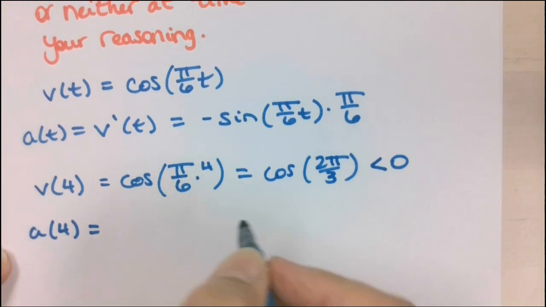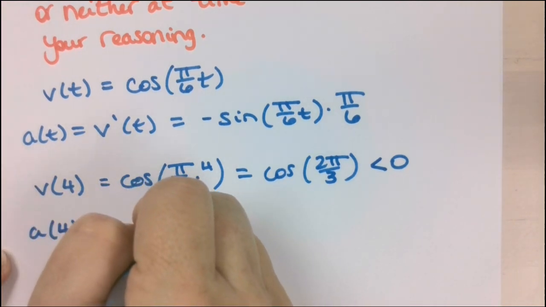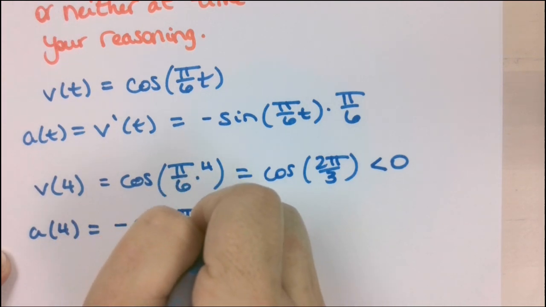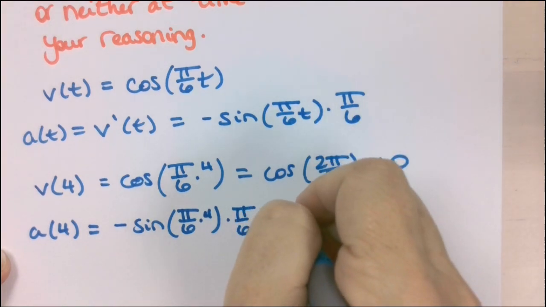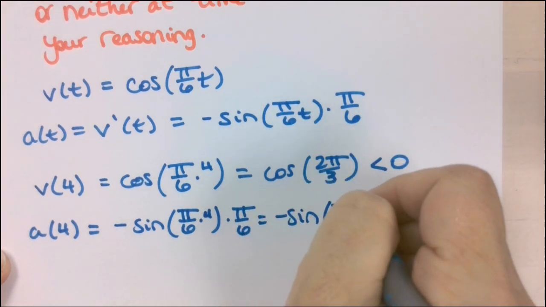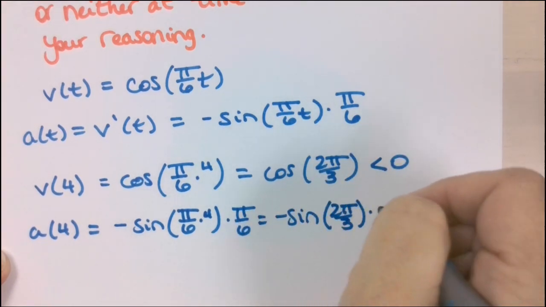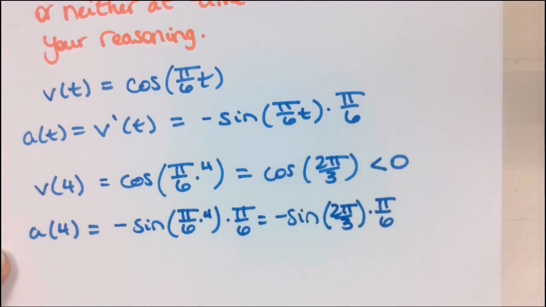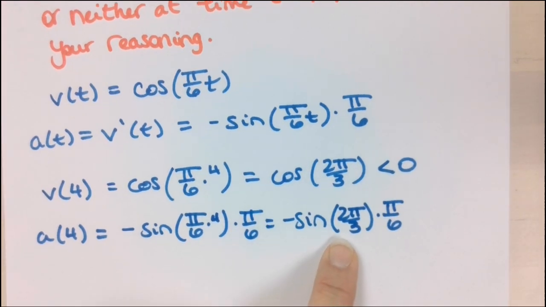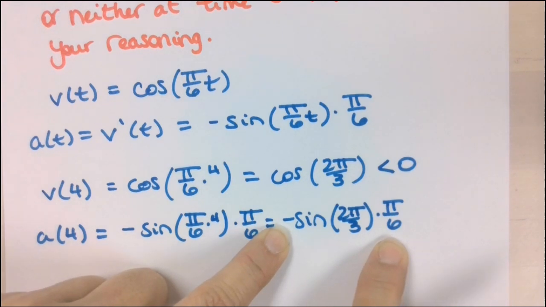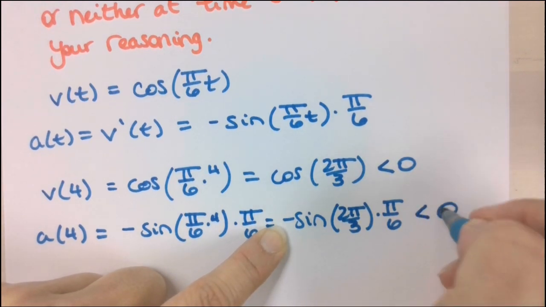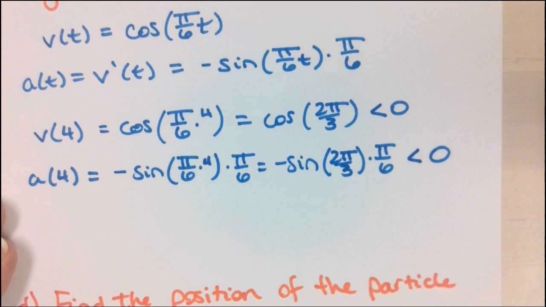The acceleration at 4 is equal to negative sine of pi over 6 times 4 times pi over 6, which is negative sine of 2 pi over 3 times pi over 6. Sine of 2 pi over 3 is in quadrant 2, so sine is positive, but then the negative makes it negative. Multiplying by pi over 6 is not going to change the sign, so this is also less than 0.